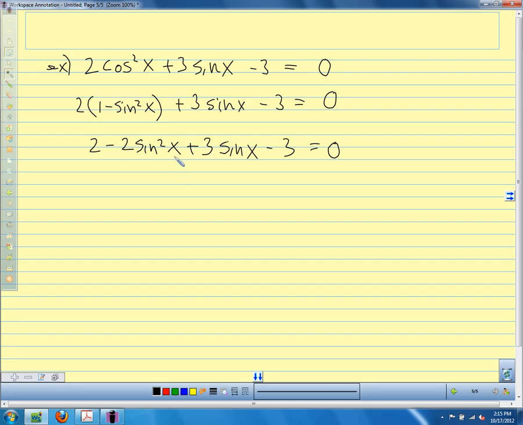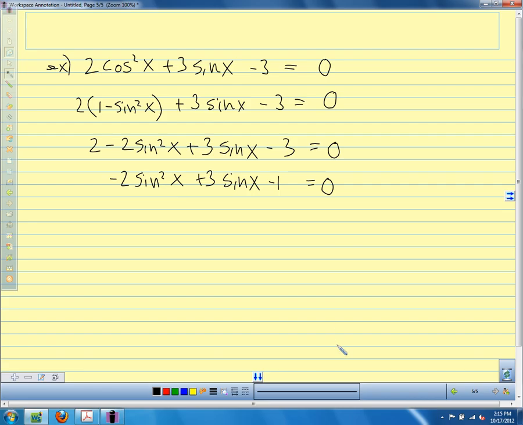I'm going to simplify, rewrite group-like terms. I'm going to say this is minus 2 sine squared x plus 3 sine x. 2 minus 3 is minus 1 equals 0. Now, the second thing I don't like here is this minus 1 in front of my sine squared term. What can I do?